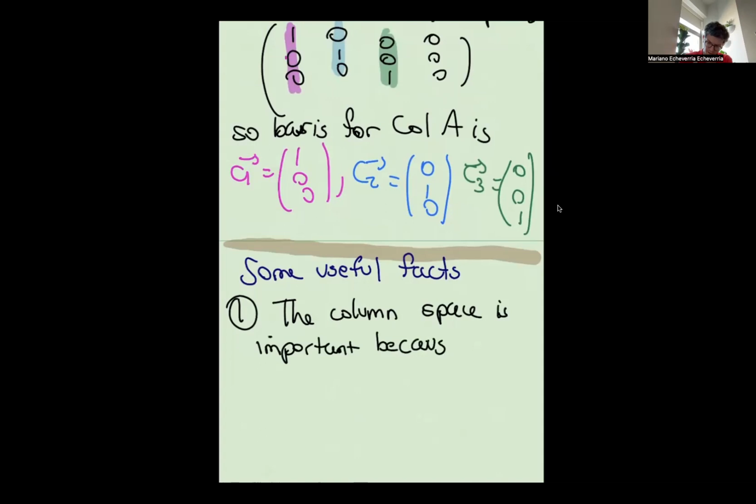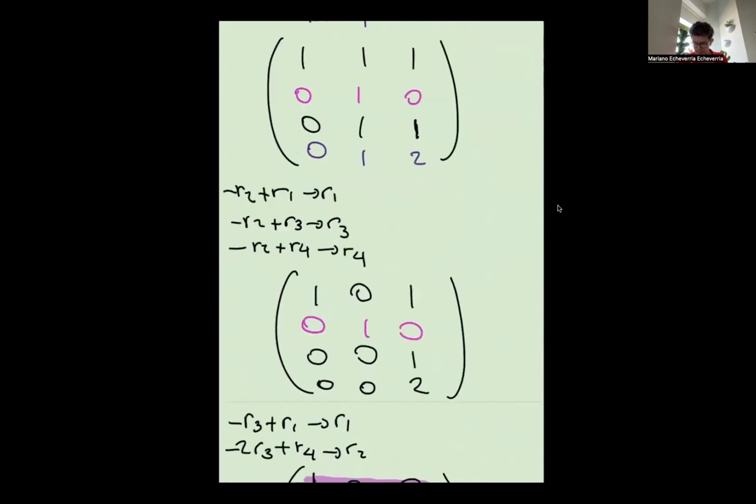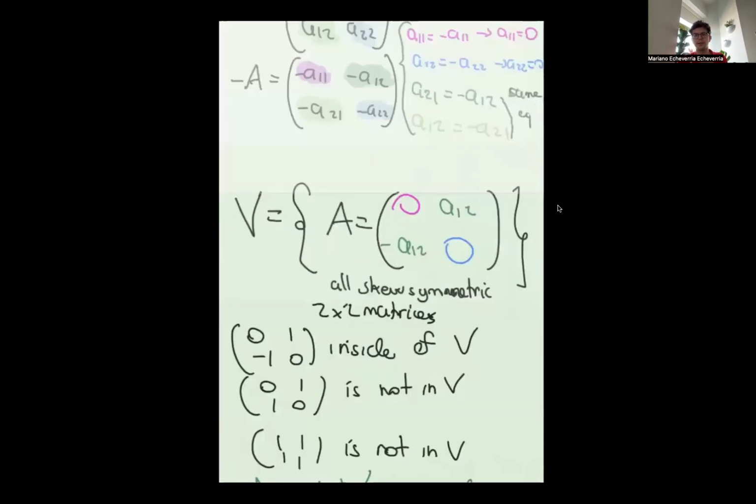The column space is important because a system of equations Ax equals b, if you remember, this was the notation we usually gave for systems of equations. Long time ago, we had said one interpretation of the system of equations. I think it's at the beginning of this PDF.